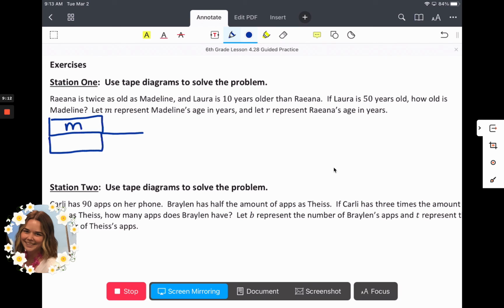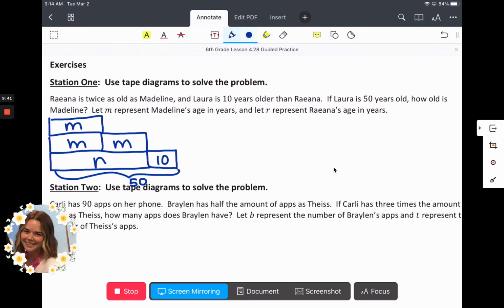Rihanna is Madeline, but doubled. And Laura is 10 years older than Rihanna. And we know that Laura is 50.